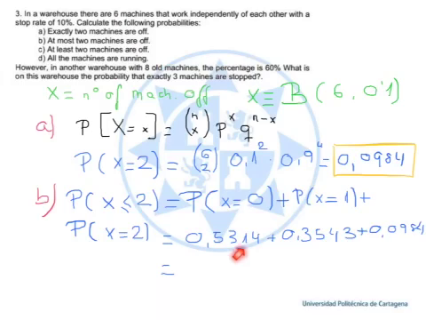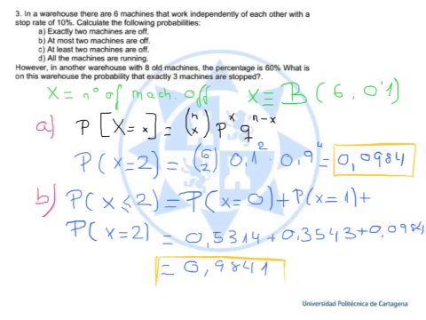Now we've replaced the values we have previously got from the table. If we sum all of them, we get that the probability that x is at most 2 is equal to 0.9841.